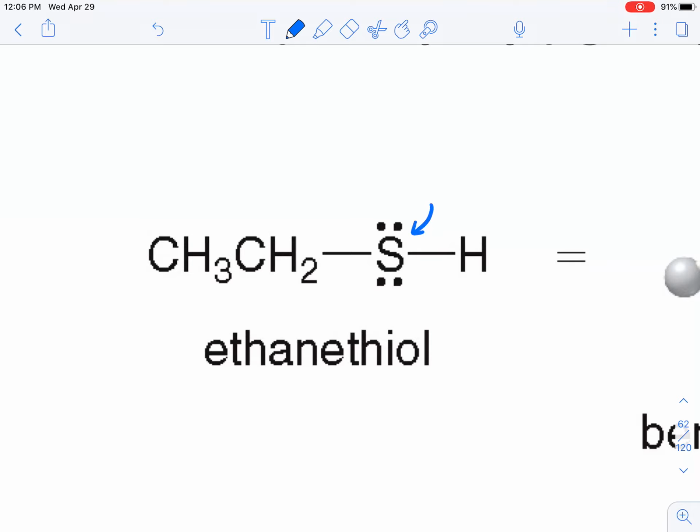So if you count the number of electron groups, whether they're lone pairs or they're involved in a covalent bond, here we have 1, 2, 3, 4 groups of electrons. And so the electron geometry is going to be tetrahedral.